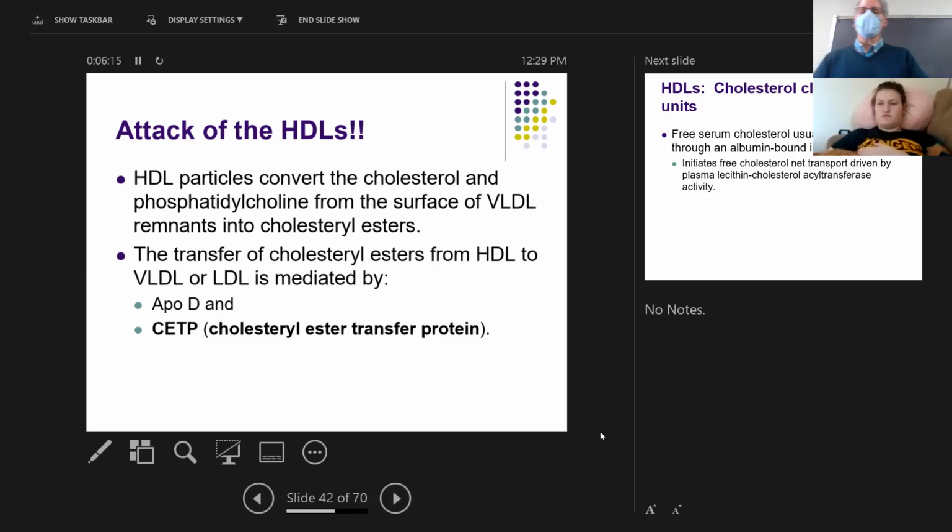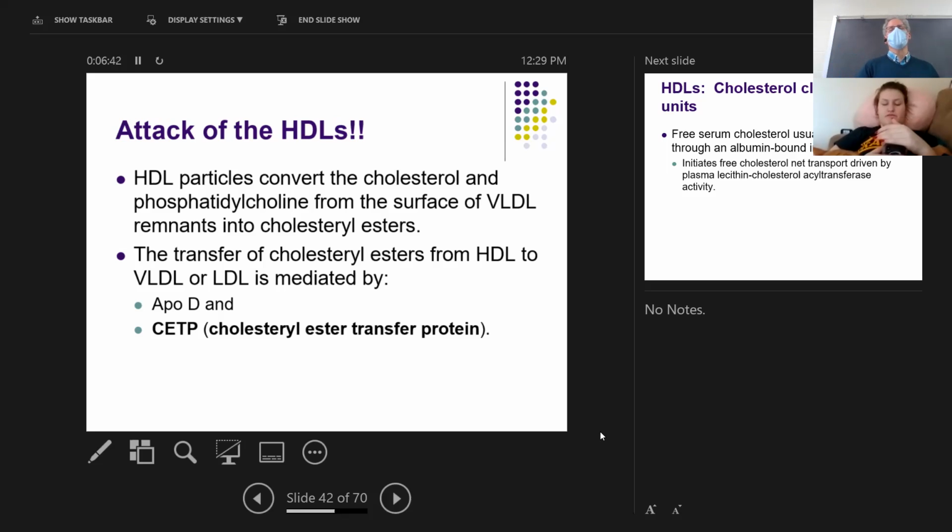Two of the proteins that HDL uses to do this are ApoD and this CETP protein, cholesteryl ester transfer protein. This is a protein that lets HDL steal cholesterol esters from circulating VLDL or LDL or IDL for that matter.